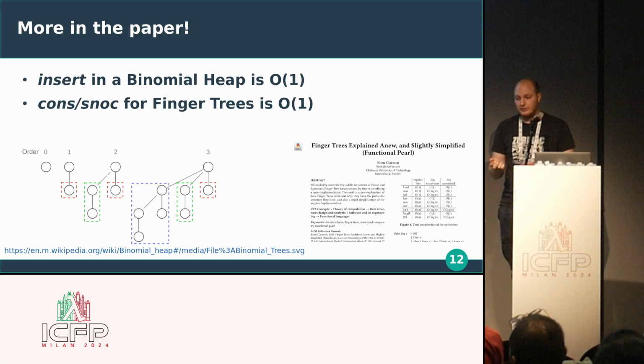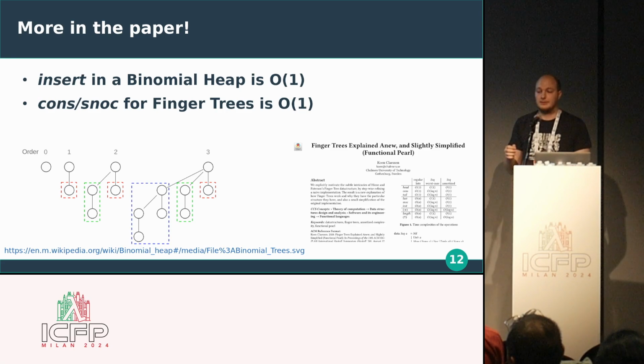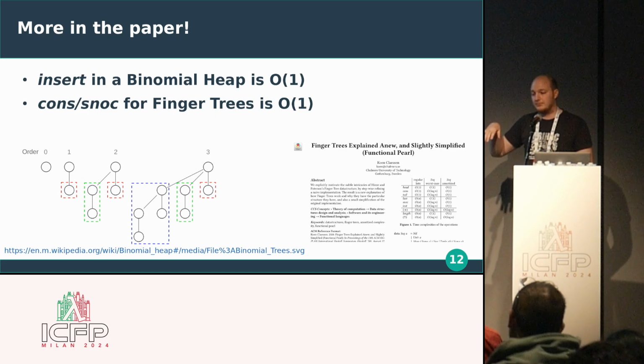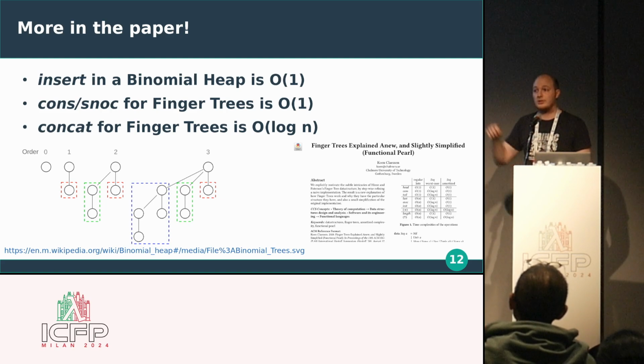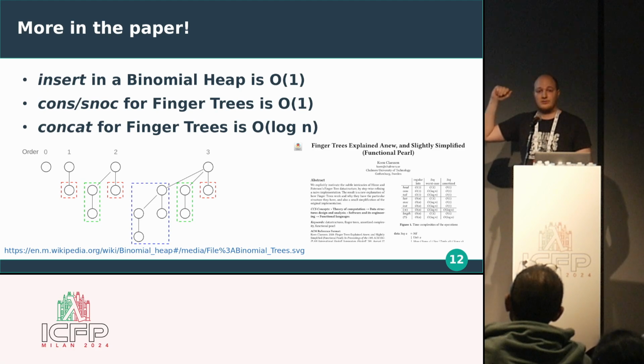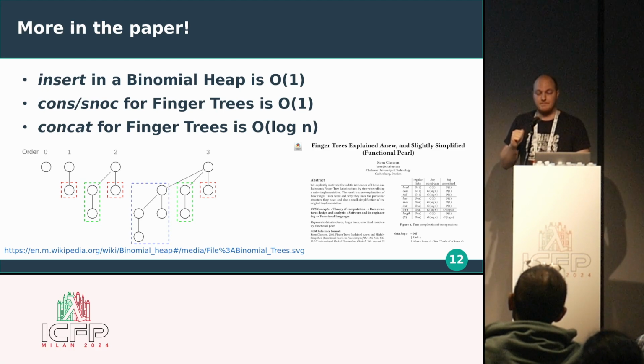The main reason for this is that the proof works the same way for the cons and snoc case, even for the containers package. The problem is I also prove concatenation, which has logarithmic time complexity. So it also works with more interesting time complexities than just constant time.